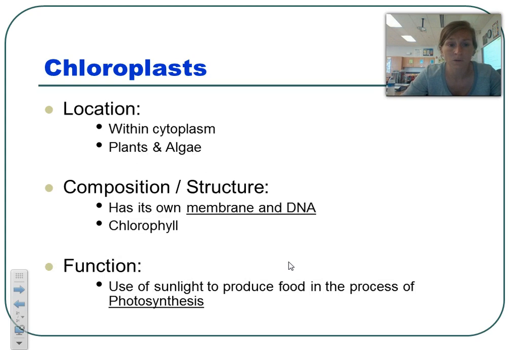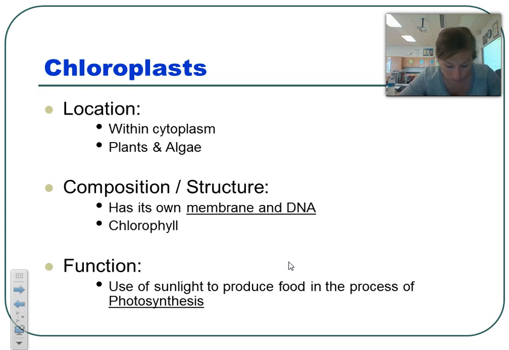Chloroplasts are only going to be found in a plant cell. They are within the cytoplasm, and they have their own membrane and DNA. This is very important because the chloroplast is one of the 2 organelles that are membrane bound and have DNA. They contain chlorophyll, which allows plant cells to capture sunlight and produce food in the process of photosynthesis.